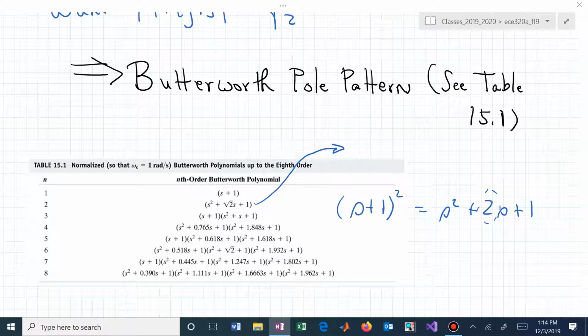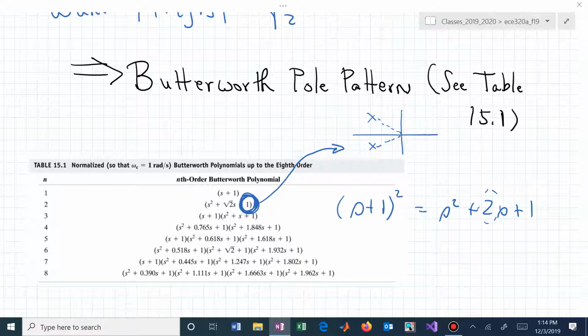If you now said, oh, I now have these poles and they're somewhere over here. Where are they? I'm asking, how far away are they from the origin? That's our natural frequency squared.